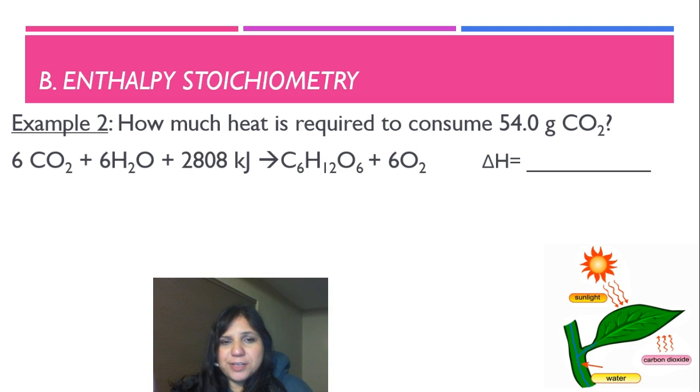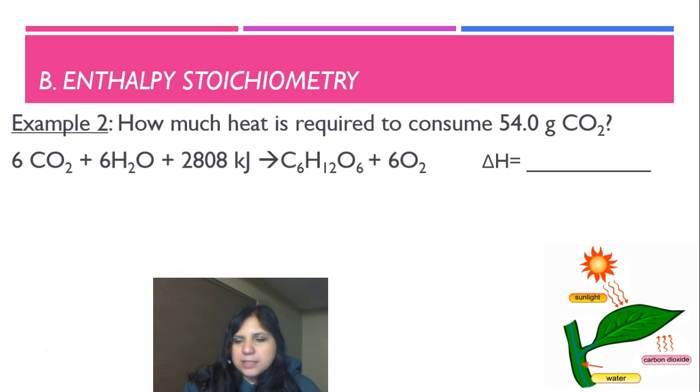So we need to know, is this reaction an endothermic or an exothermic reaction? We look to see where the energy is in the equation. Here it's on the left side, which means it requires energy. You have to put heat in. Heat is going into that arrow there, and so this is endothermic.